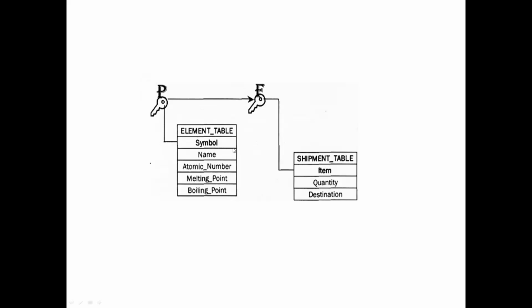Likewise, we have the element table and these are its attributes, whereas the shipment table has its own attributes. So this is the primary key for this table, and then this becomes the foreign key for that particular table. So these two values will be the same. All right, this value and this value must be the same if there is a primary key, foreign key relationship.